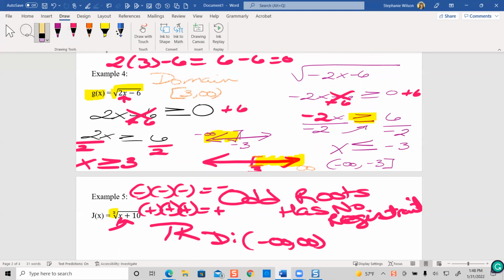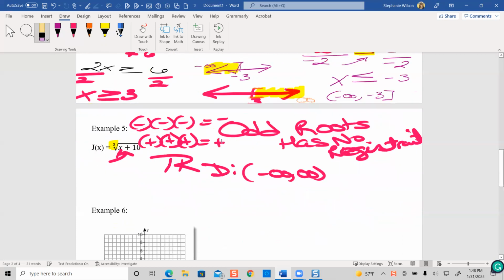However, if I was to go the other route and plug in a negative 3, what do I get? Negative 6 minus 6, which is negative 12. Well, the square root of negative 12 is not real. That is an imaginary number. So this is why it's important that you determine what the domain is.